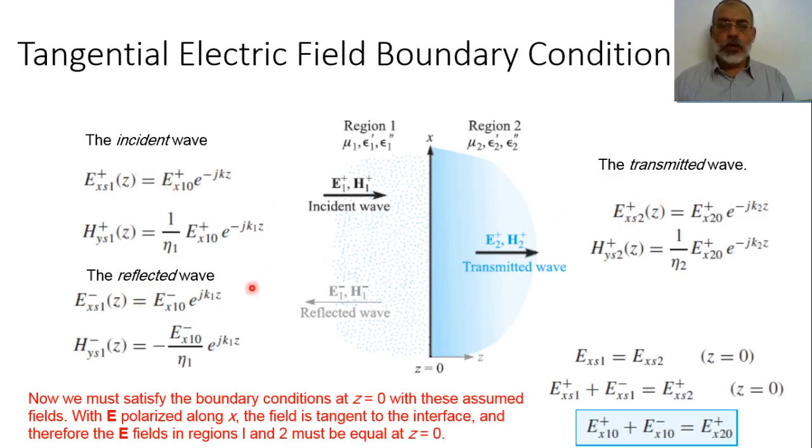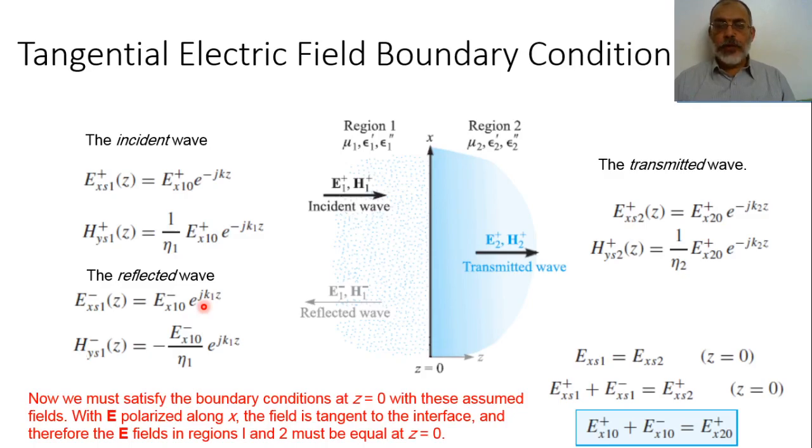So we have two unknowns, Ex10 minus and Ex20 plus, which we are going to take in terms of Ex10 plus. To obtain the value of these two unknowns, we need two equations, and these two equations can be obtained by applying two boundary conditions.